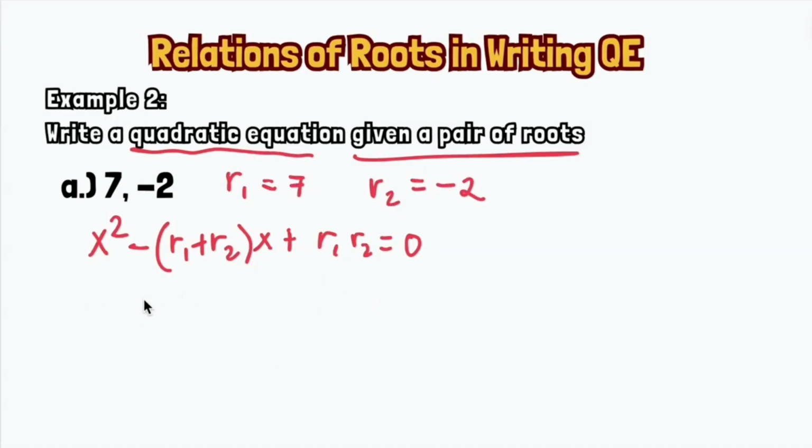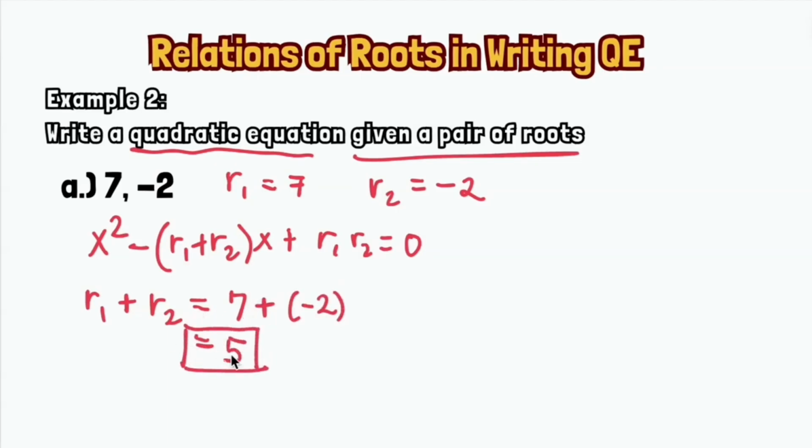So we have this form, where the sum of the roots, root 1 plus root 2, is equal to the given values here. We have 7 plus negative 2. When we add them together, 7 plus negative 2 is going to be positive 5. This is going to be our first part.